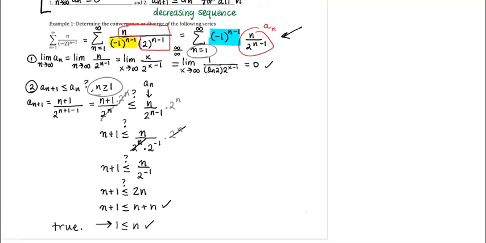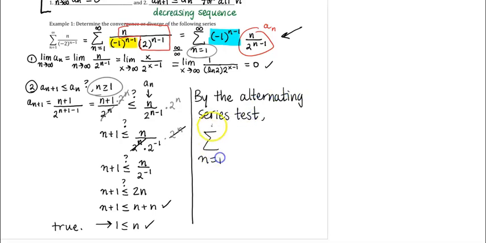So we've shown that the sequence goes to 0 and that the sequence is decreasing. Therefore, we can now conclude that by the alternating series test, our series converges.